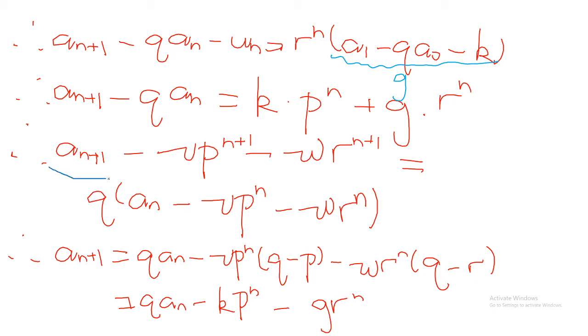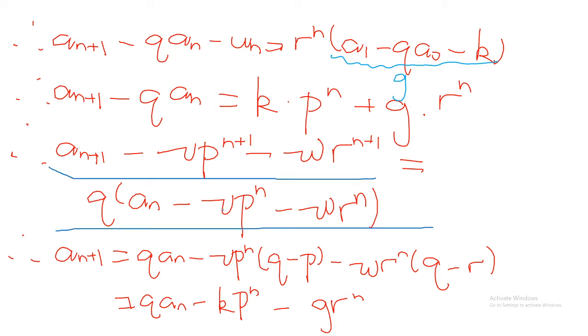So, according to our previous experience, we want these two things to be identical. An plus 1 minus v times p to the n plus 1's power minus w times r to the n plus 1's power equals q times an minus v times p to the n's power minus w times r to the n's power. And that is a reasonable guess.